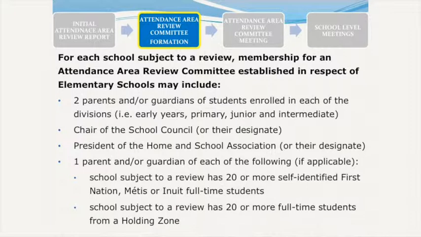Other than that, they're the same as the ARC process with 2 parents in each division, home and school president or chair of the school council and president of the home and school. And again, for holding zones and FNI populations, they would have representatives. The same with the secondary. Again, no students were involved, but the membership's basically the same.